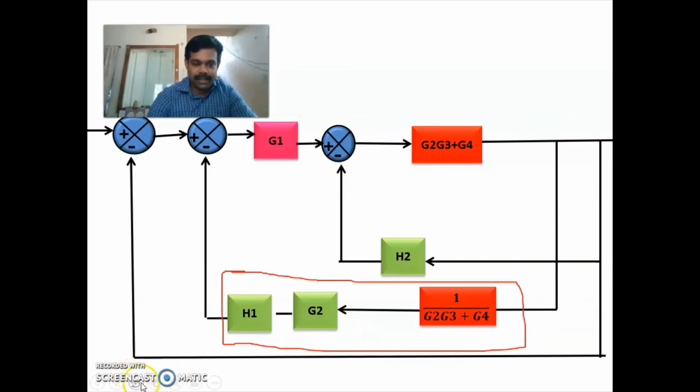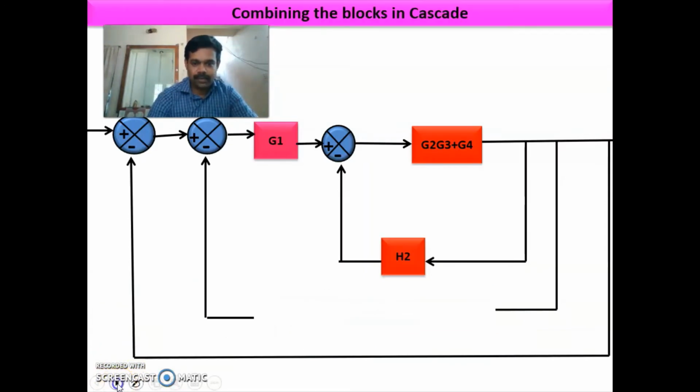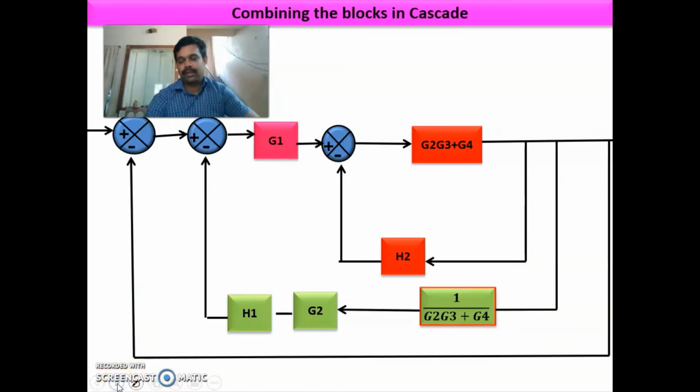They are in series or cascade, so we can combine these three blocks into one block. Similarly, we have rearranged or redrawn these branch points. Individually before that it is in the same line, so we have just redrawn it.